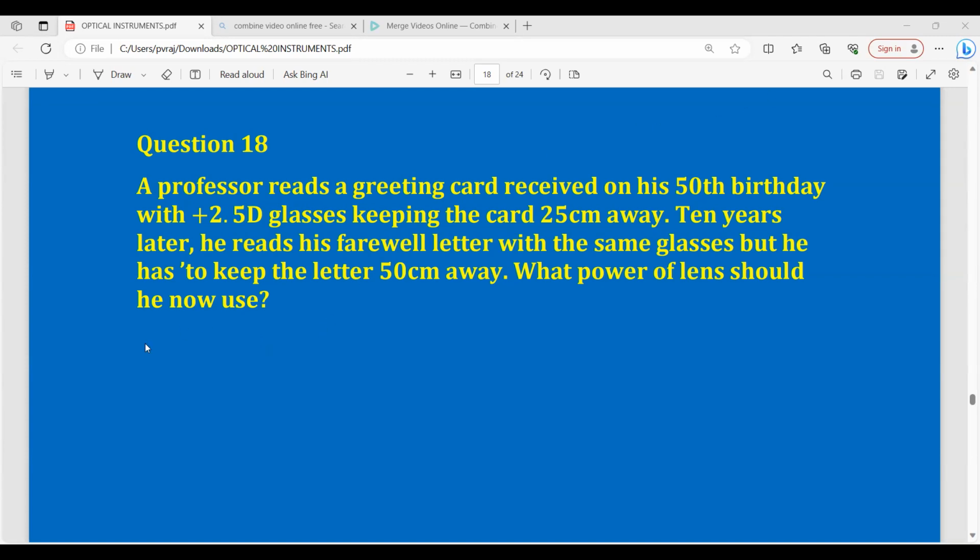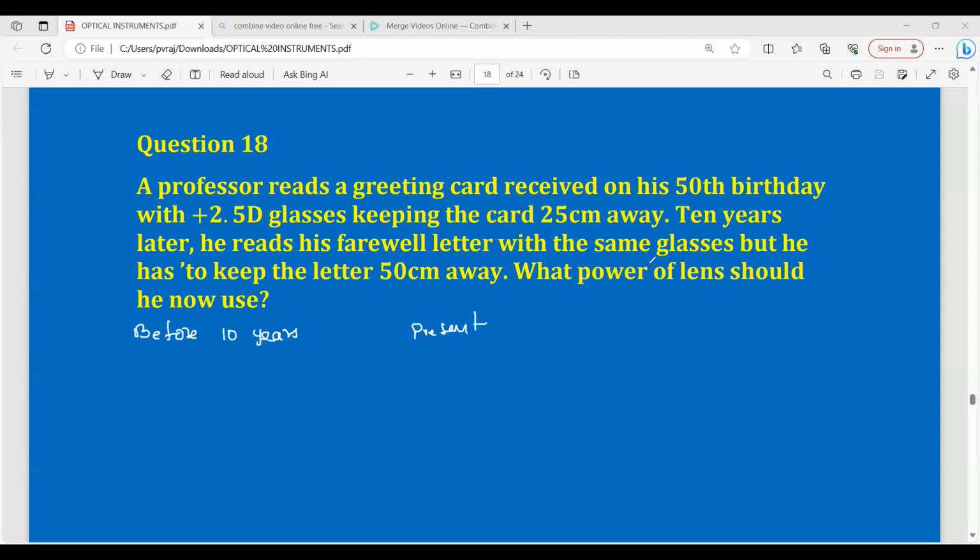Next, 10 years later. First I will write here the information given before 10 years. 10 years later, let me consider that as the present. He reads his farewell letter with the same glasses.